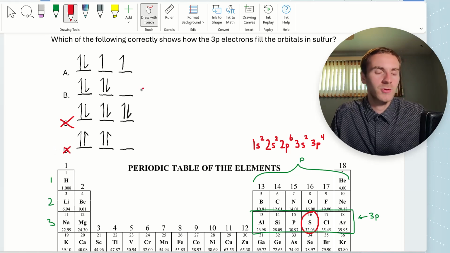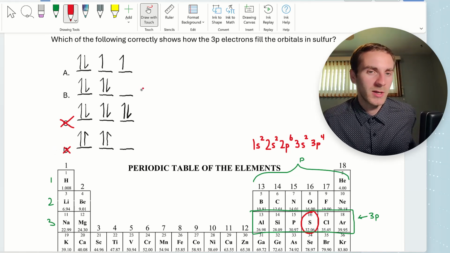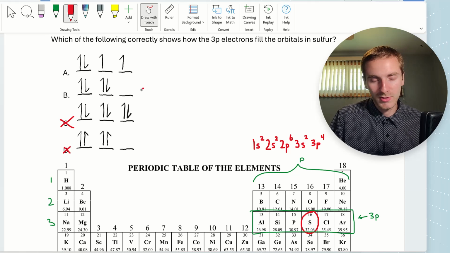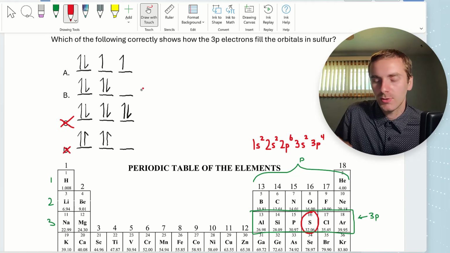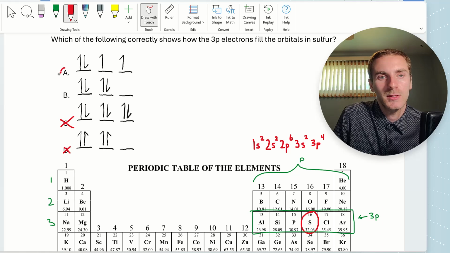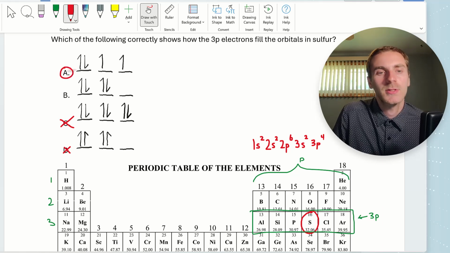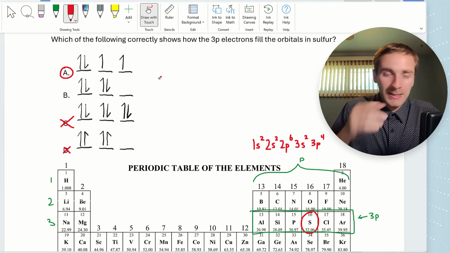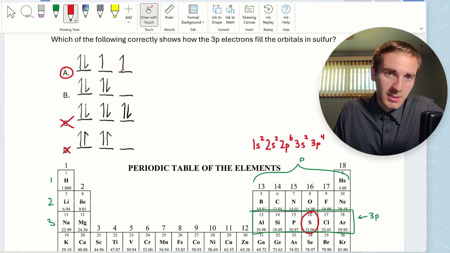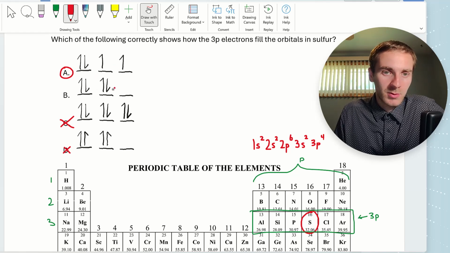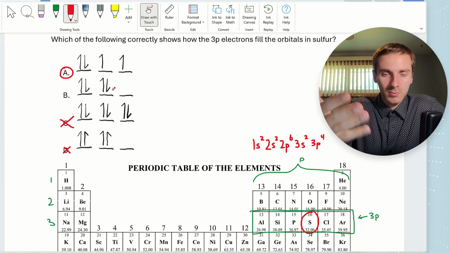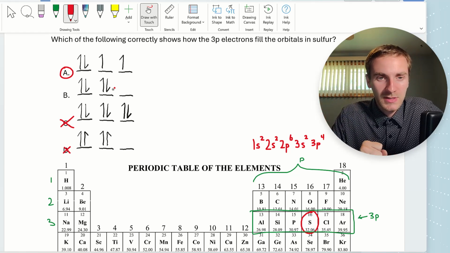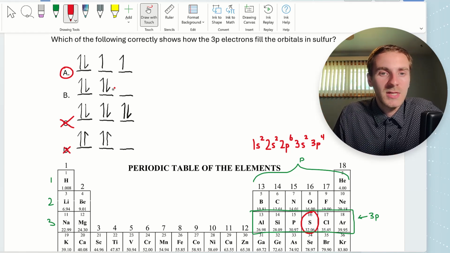A and B are the 2 most common ways that you'll see students draw this. But the correct answer is A, because in both cases, these have 4 electrons, and in both cases, they follow the Pauli exclusion principle, which says they have to have opposite spins if they're in the same orbital.